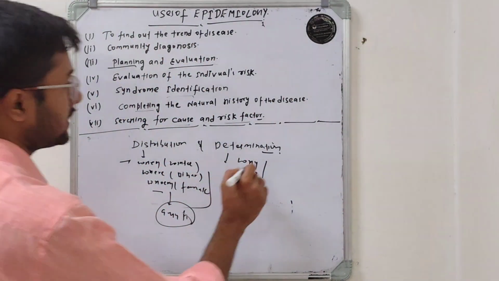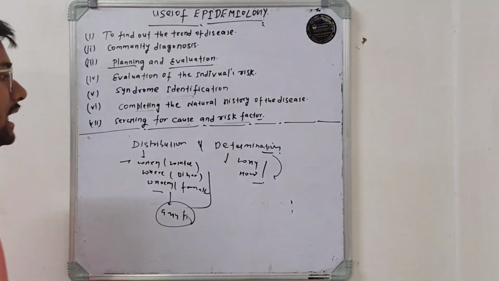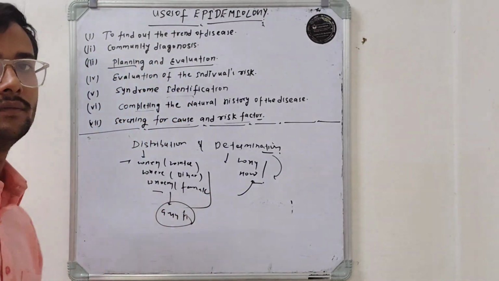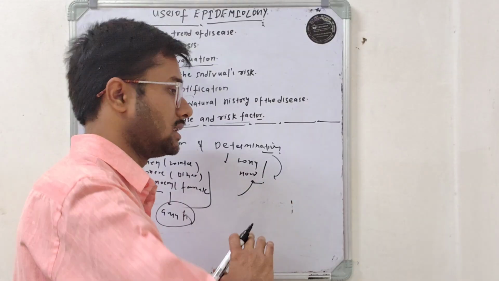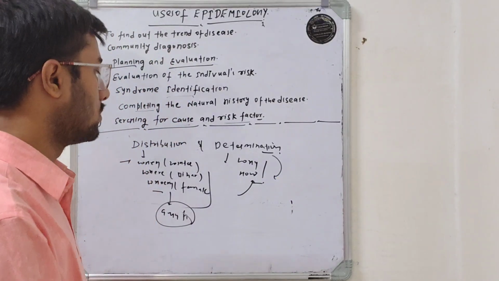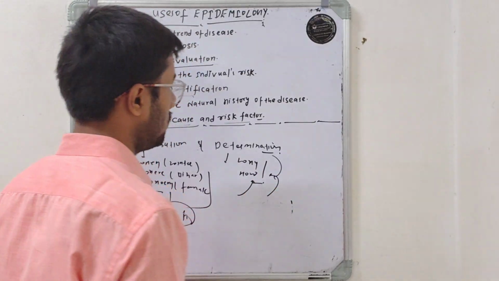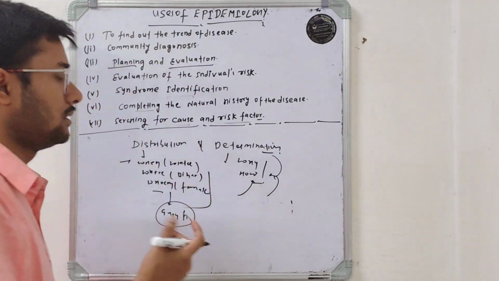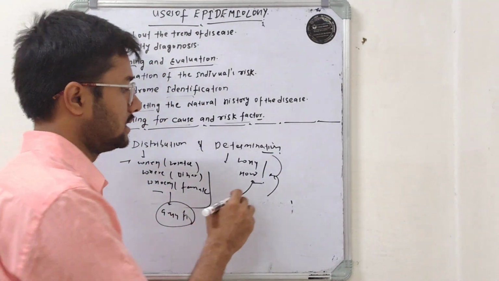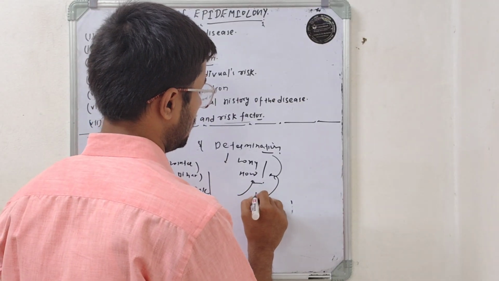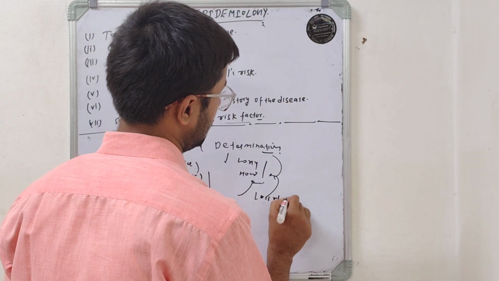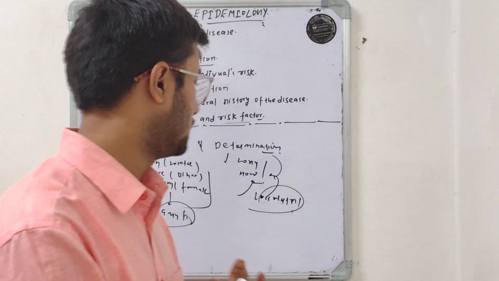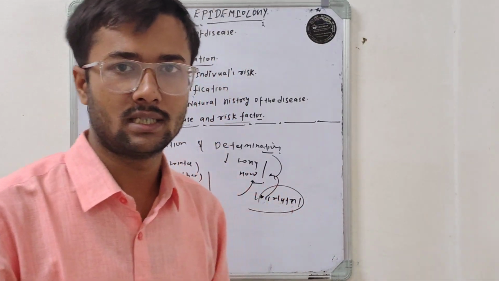And we also have knowledge of why and how the disease occurs, I mean the pathogenesis of the disease and how it spreads. Let's suppose the study finds that the disease is due to low nutrient supply.